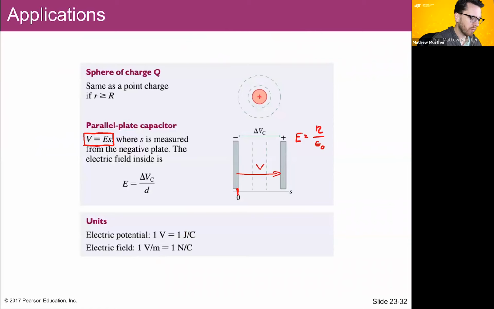So we're going to go into this in more detail in the next chapter. But the important thing to notice is that the electric field tells me about how the electric potential is changing in space. Okay.